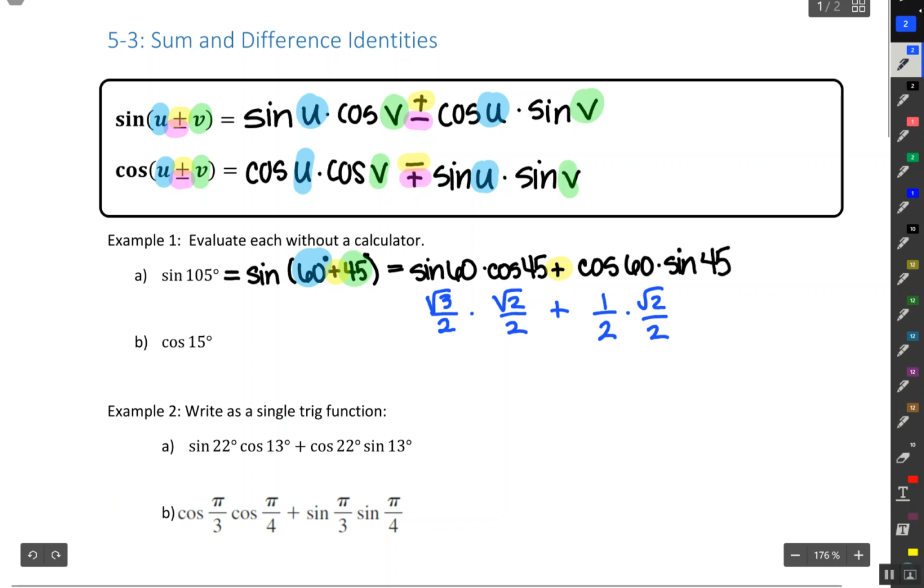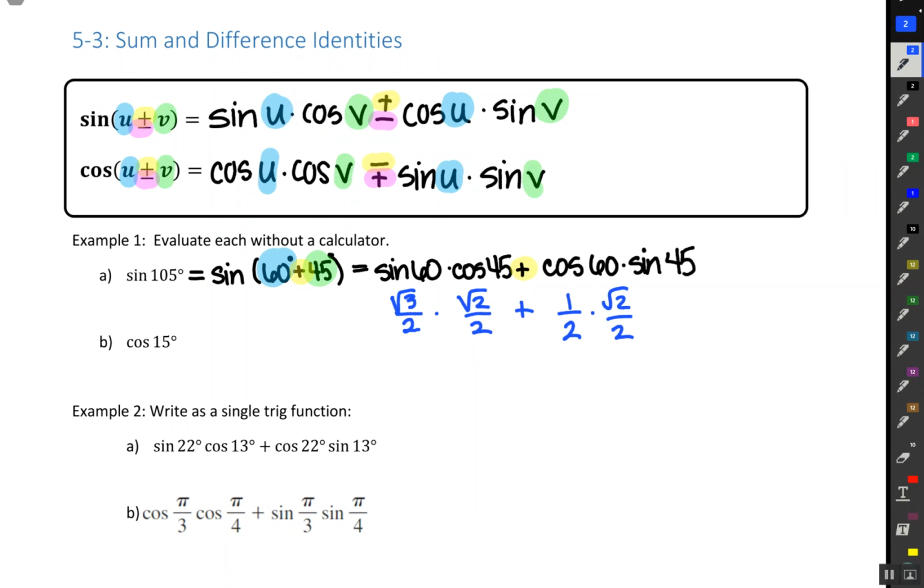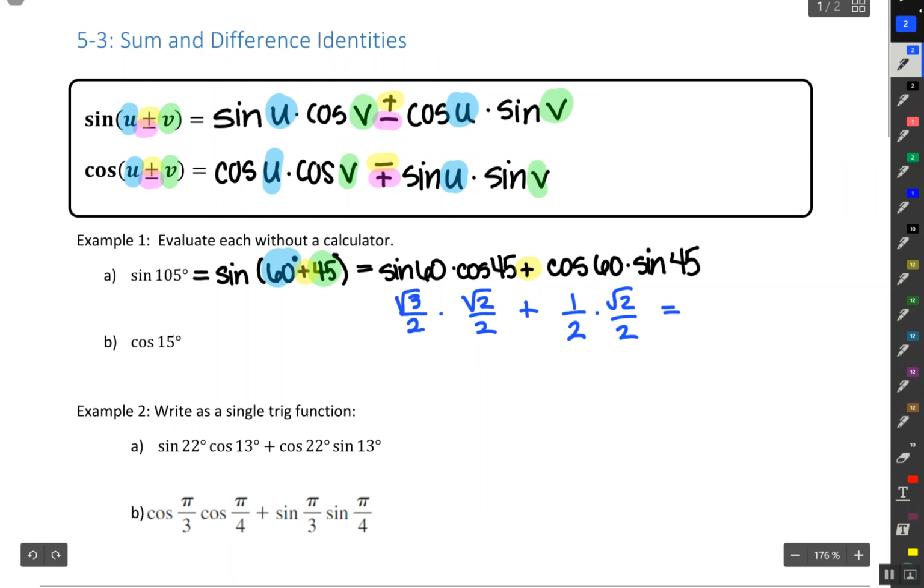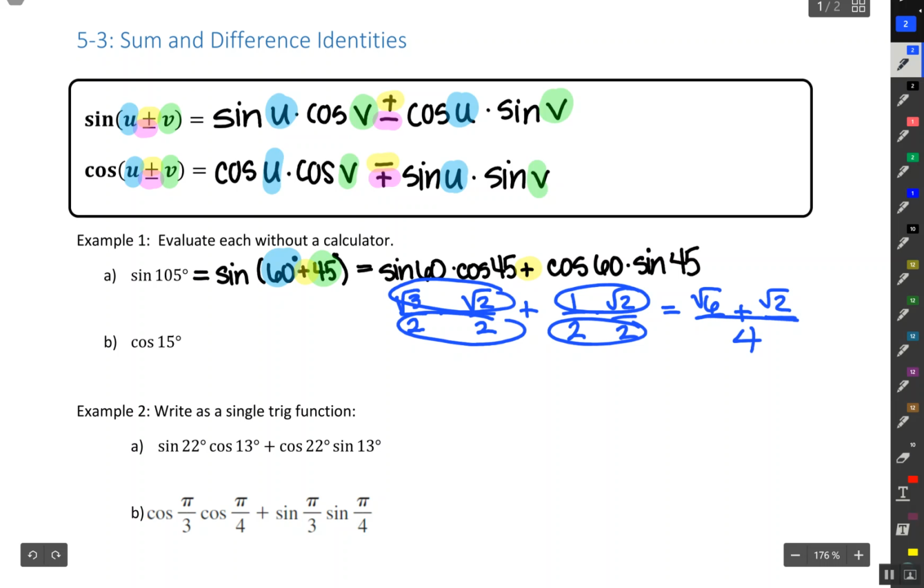Cleaning this up, these can multiply and these can multiply. That gives us the square root of 6 over 4 plus the square root of 2 over 4. And then we can put that over one big 4 because it's the common denominator. And there's an answer.